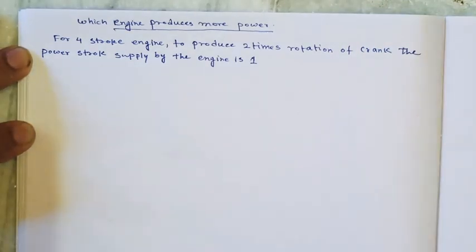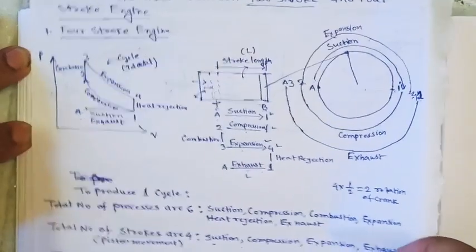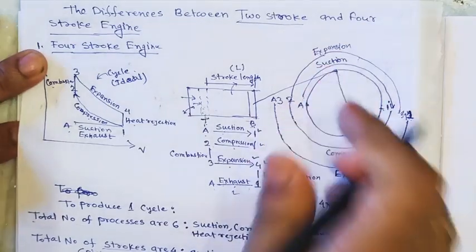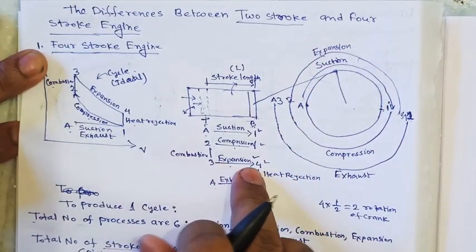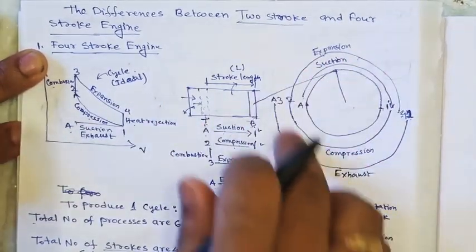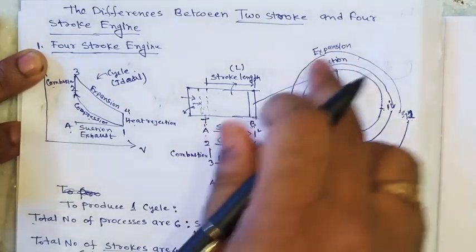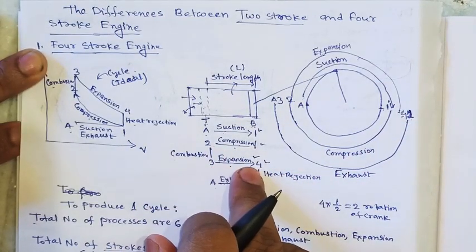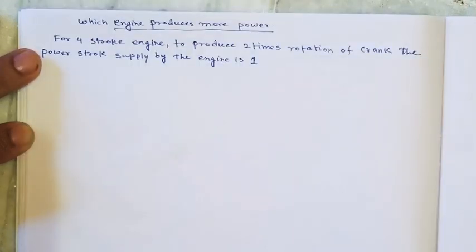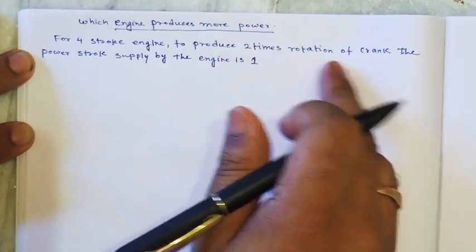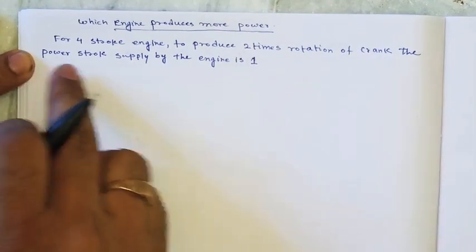You can see for 2 times rotation of this crank, the power stroke is only 1. To complete this one cycle, there are 2 rotations of this crankshaft, and 1 power stroke is there.